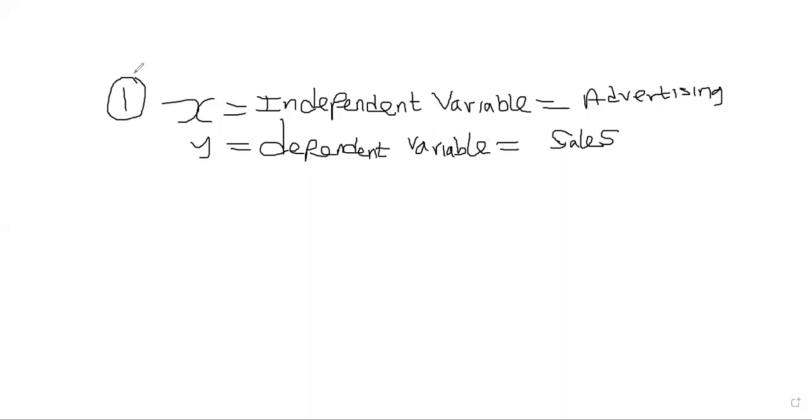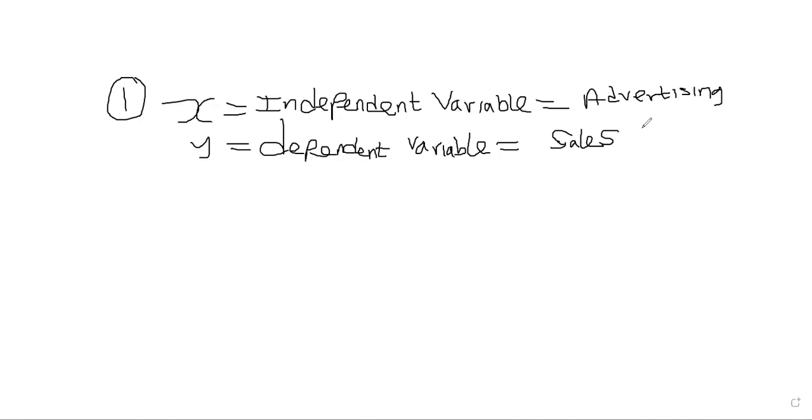If you have never sold before, or if you didn't have any sale yesterday, it may be difficult for you to sell today. So we look at the historical data for us to have a forecast for the next period. So sales will depend on advertising.